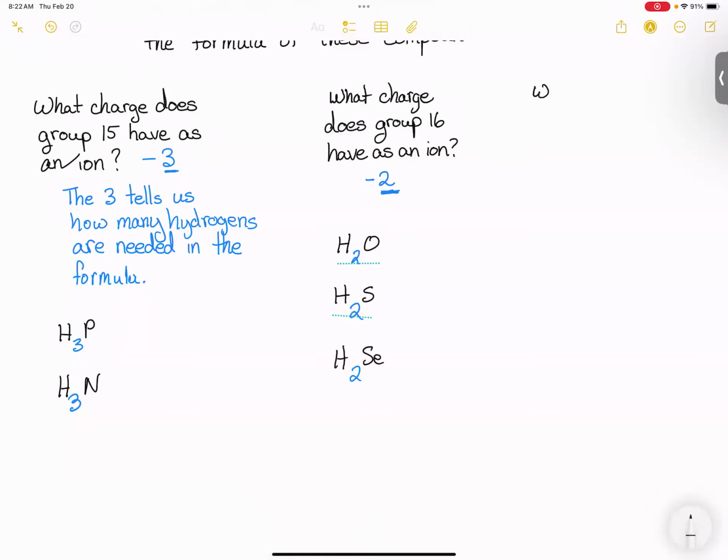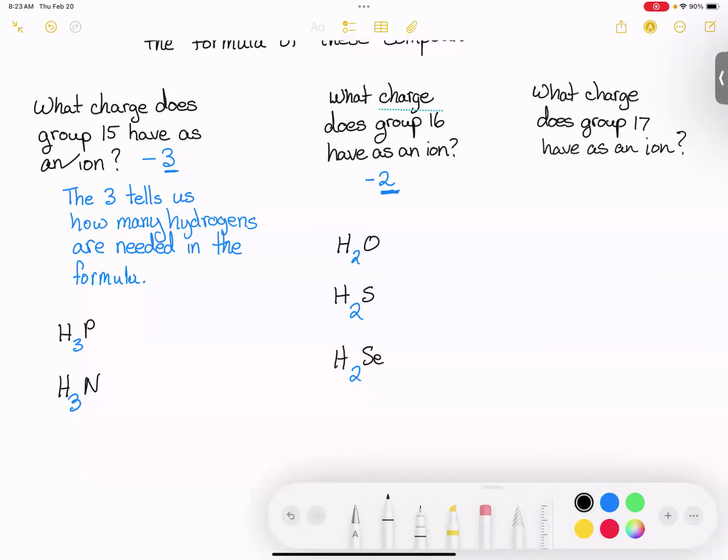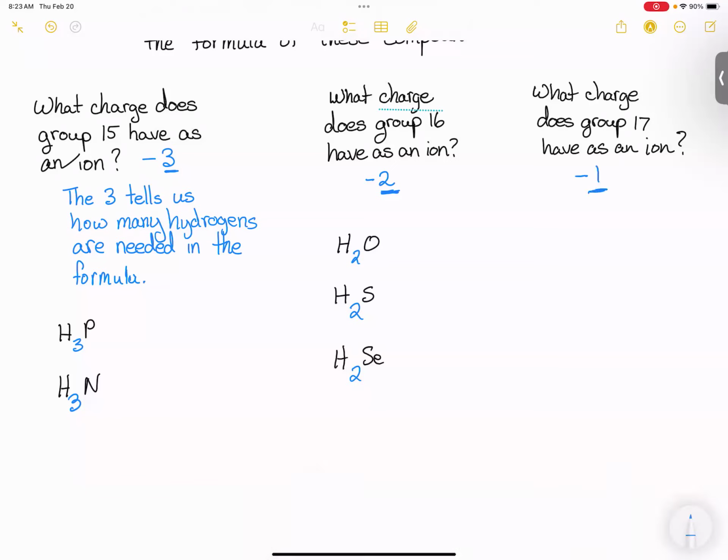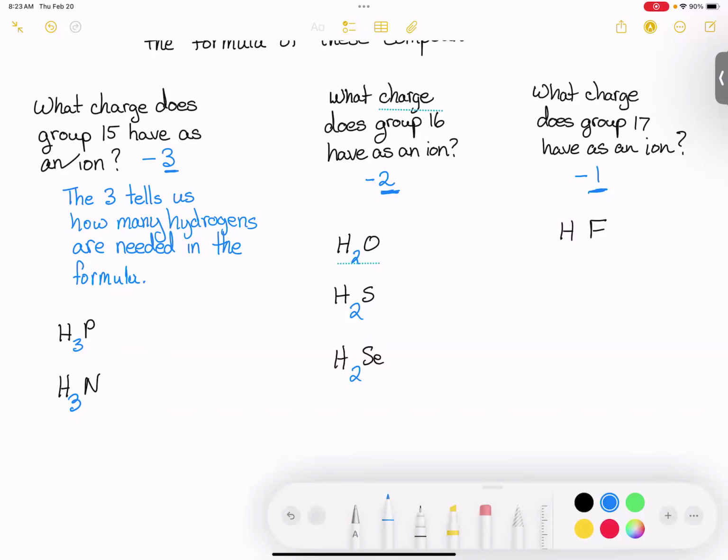As you might guess, if I asked what charge a group 17 has, you would say it is a -1. That 1 is going to tell us how many of each element we need. So when you combine hydrogen with fluorine, it is a 1-to-1 ratio where you only need 1 hydrogen.